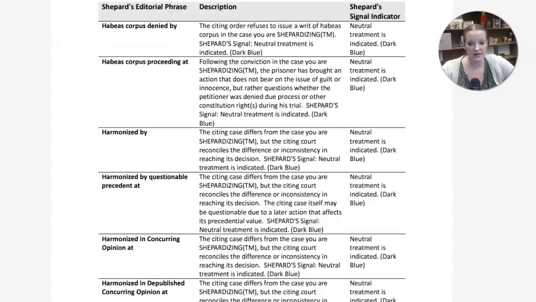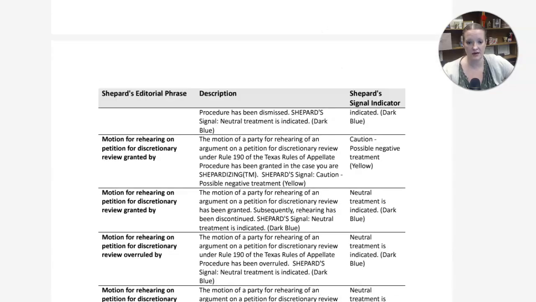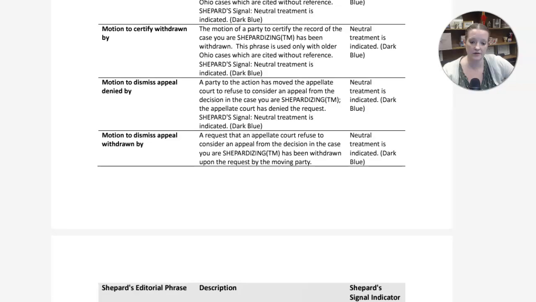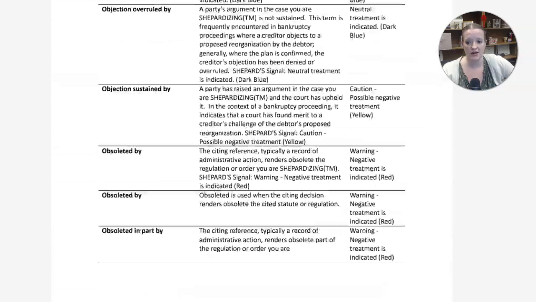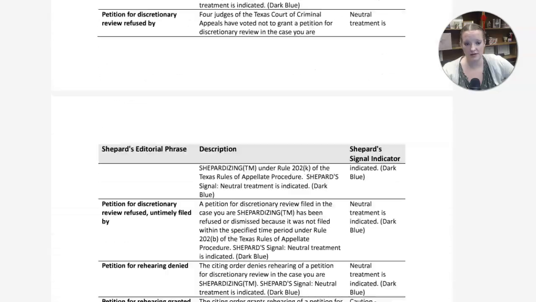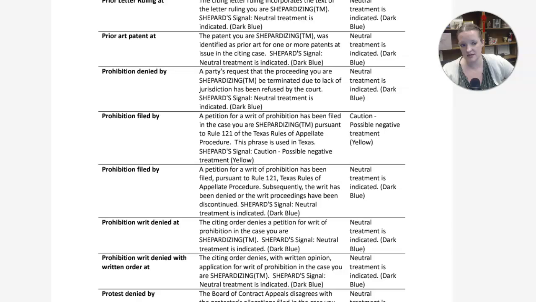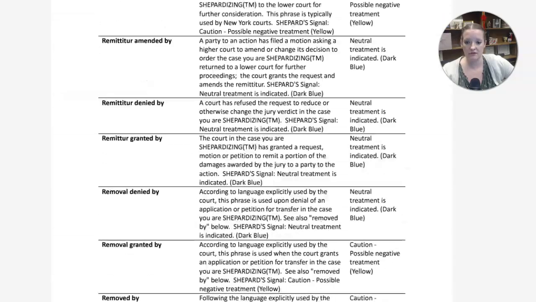So each of these phrases, again, you would get there by way of that initial indicator, right? Whether it's a caution or positive treatment or neutral, right? You can see this list goes on and on and on. We're on page 60. Now we're on page 70.